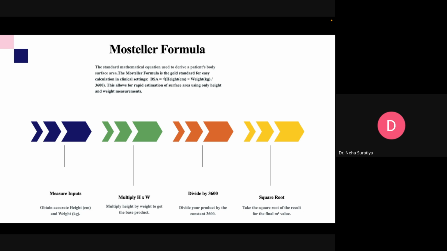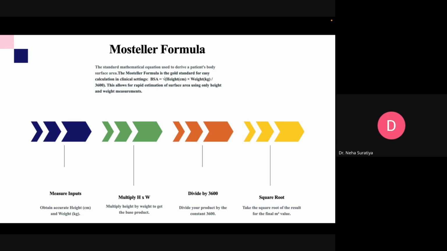So what is the process? You can see the blue, green, orange, and yellow here. We need to measure the inputs: height in centimeters and weight in kg, already mentioned in your patient file. Then multiply height by weight to get the base product.